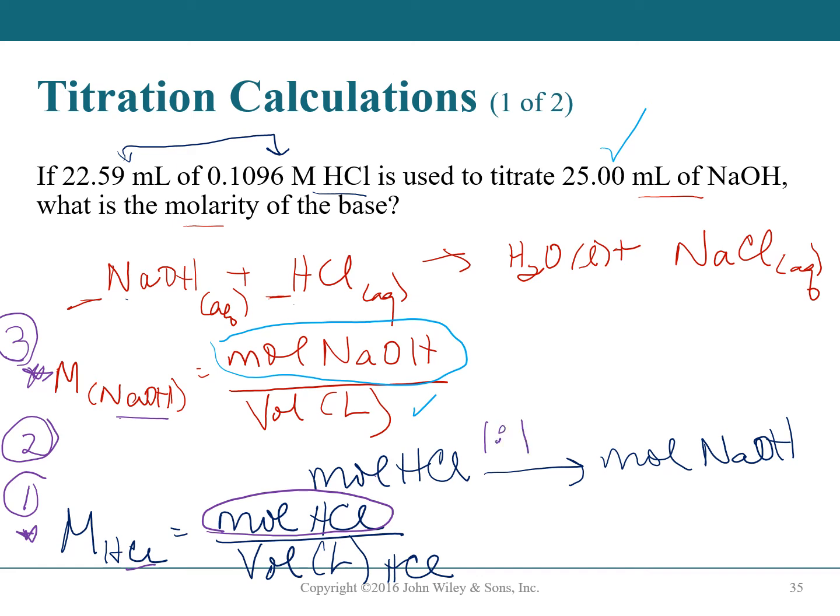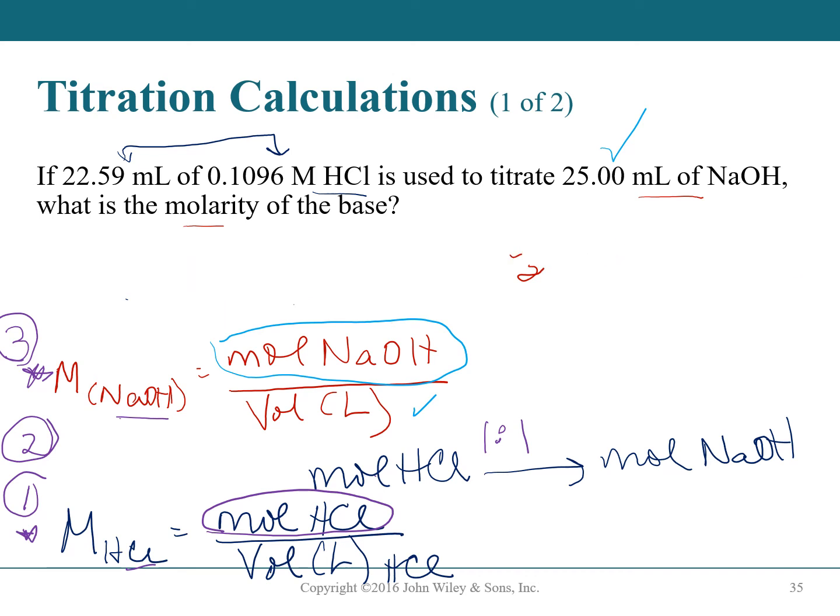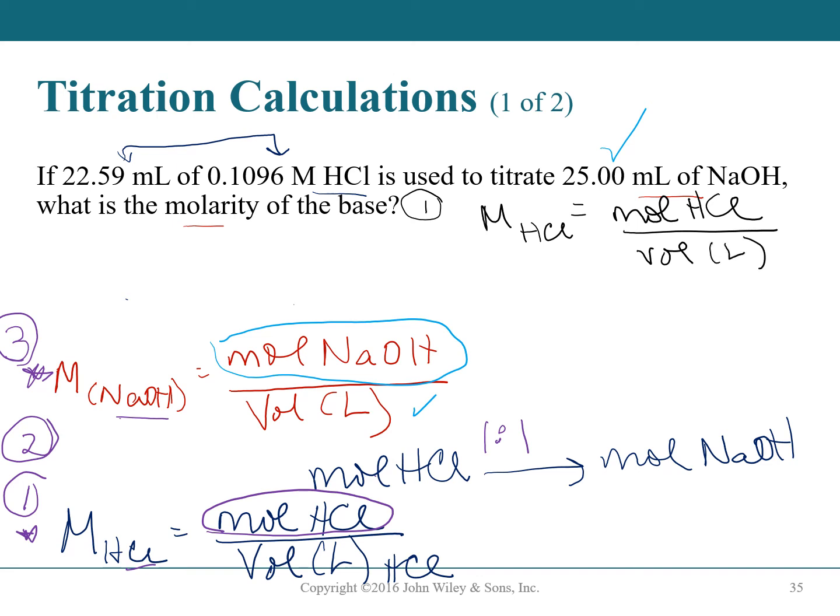Okay, so let me just go ahead and make some space and let's do step 1. So we know the concentration of hydrochloric acid is equal to the moles of hydrochloric acid divided by the volume of the hydrochloric acid in liters. So the moles of hydrochloric acid is equal to the concentration times the volume.